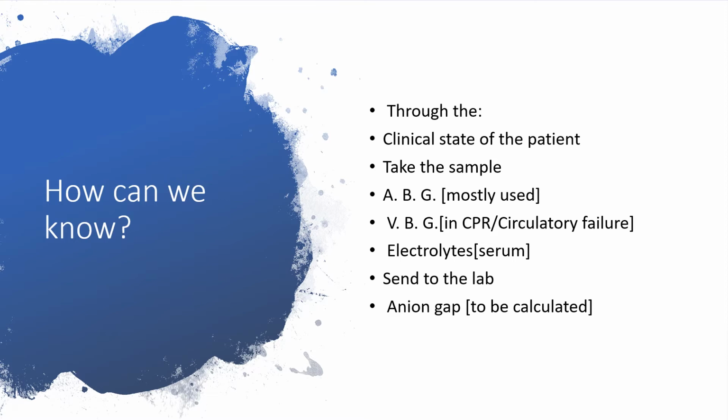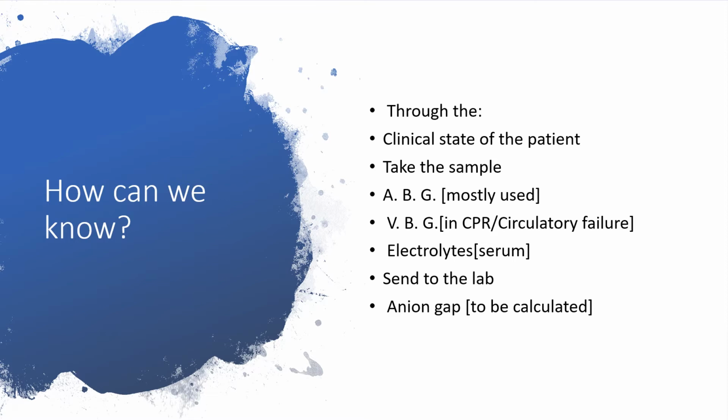We have to take the sample depending on our judgment whether or not we will need it. And what are those samples? We'll take a sample for arterial blood gas. That is what we use mostly.